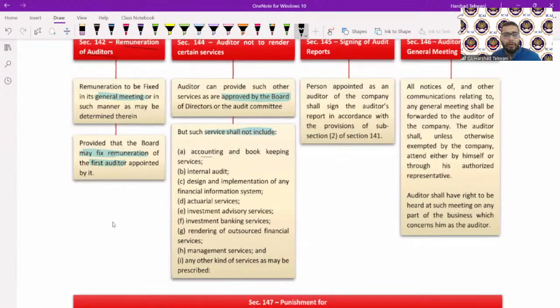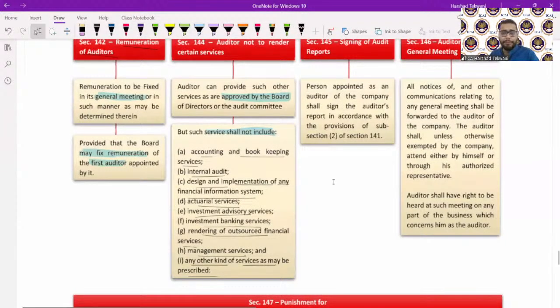These services are accounting and bookkeeping services, internal audit, design and implementation of any financial information system, actuarial service, investment advisory, investment banking, rendering of household financial service, management service, and any other kind of service as may be prescribed from time to time. If any service is in this list, then even a board approval cannot allow you to perform these services. It is totally not allowed under section 144. I cannot provide audit service and simultaneously provide investment advisory service. I hope it is clear.